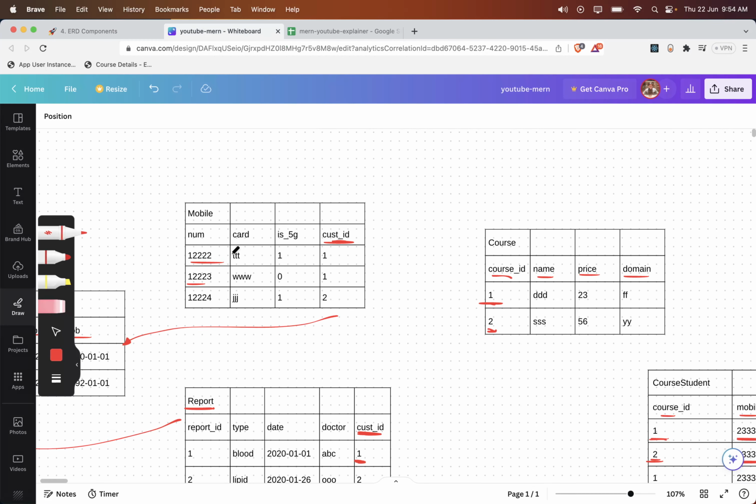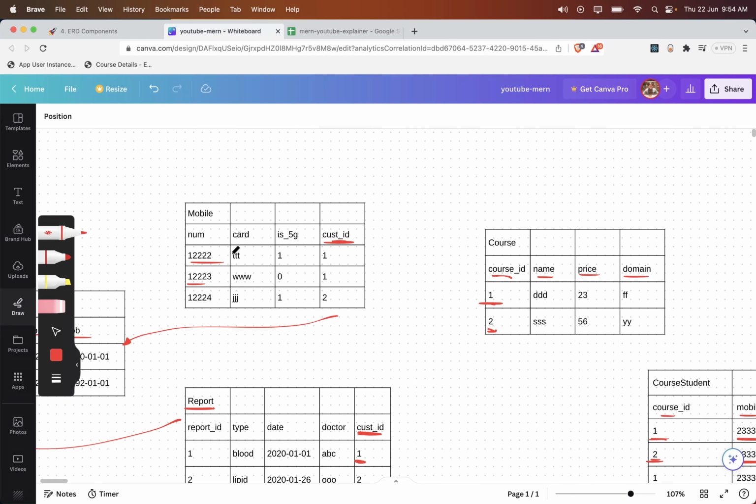One-to-many relationship is represented by a line with the three-line crow's foot, or this can also be okay, 1 and n. Sometimes you can write multiple lines over here, that is also okay.